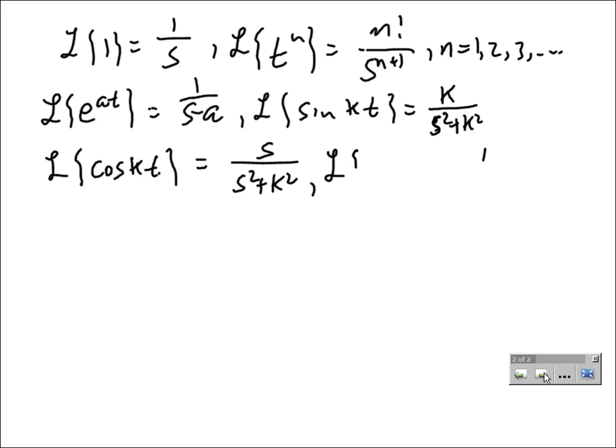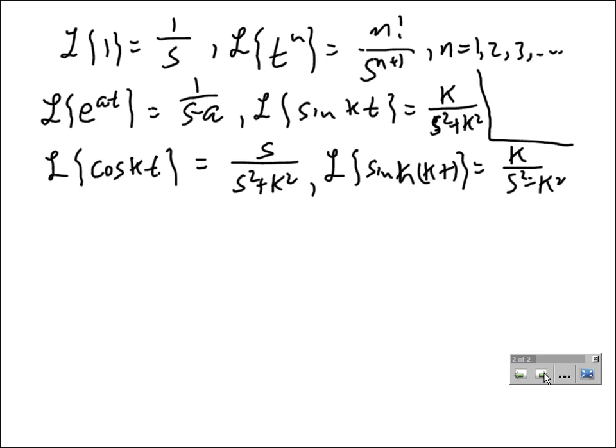We even know that L of the sinh of kt is k over s squared minus k squared. And I really wanted to sneak it in here: we know that L of the cosh of kt is equal to s over s squared minus k squared.